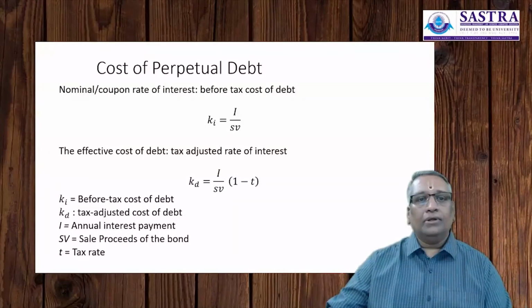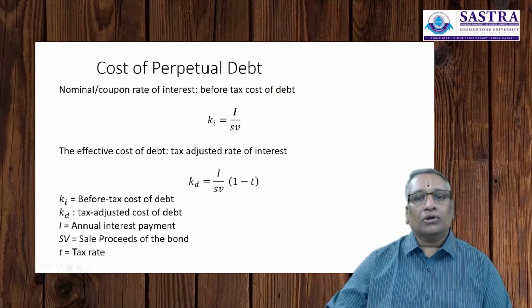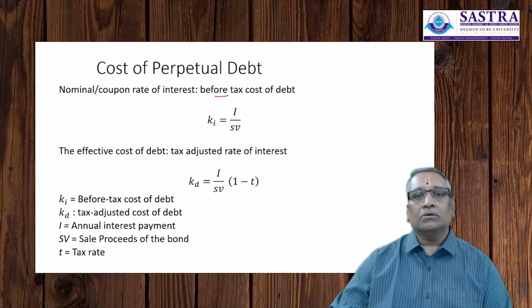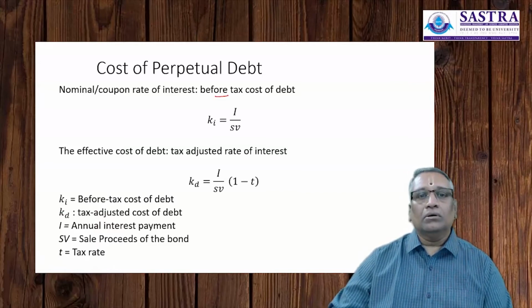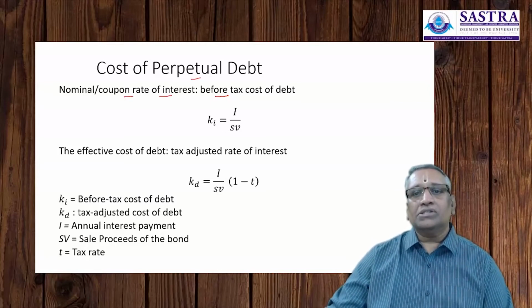for perpetual debt. In case of perpetual debt, the cost of debt before tax is its coupon rate of interest. So perpetual debt means it is irredeemable.